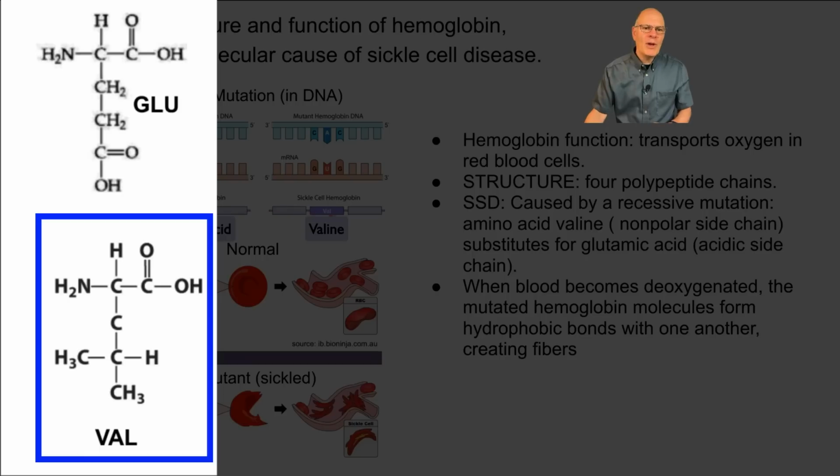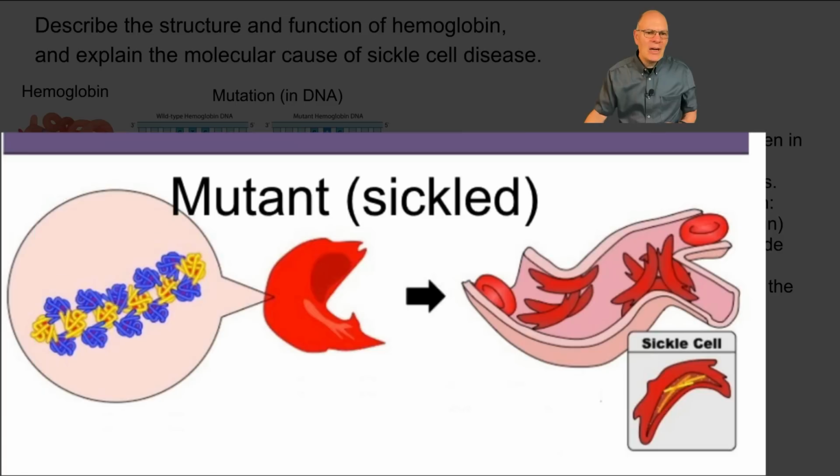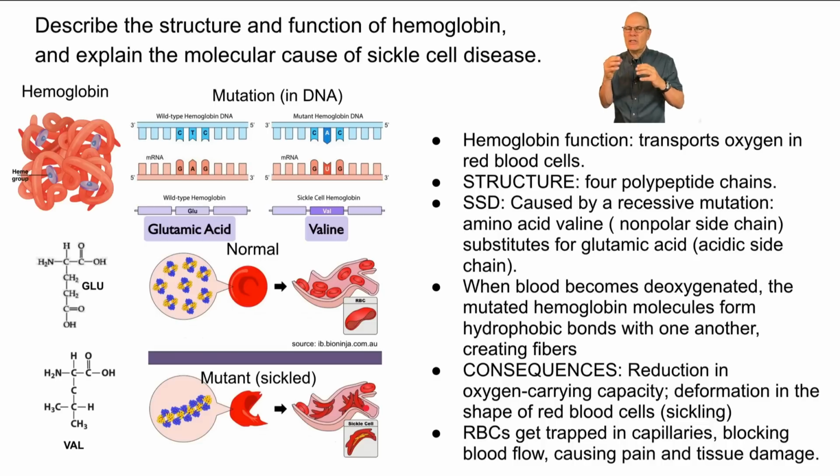Well, why? Because they have a hydrophobic amino acid sticking out on the outside, and that causes them to do this. They cause fibers to develop within the cells, and that causes the cells to become spiked like this. They're mutant cells, and those cells will then clump up within smaller arteries, and that causes these pain crises, it causes tissue damage. It's a debilitating disease.